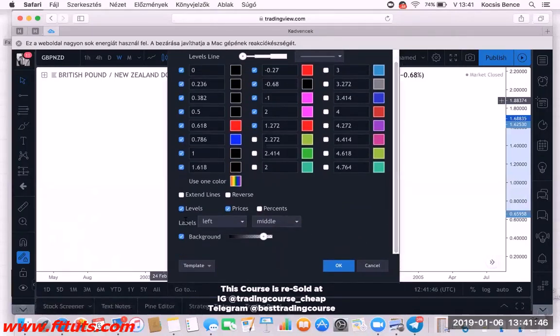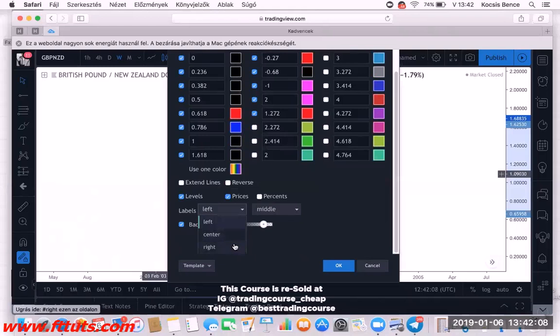We need to change the labels, because when we are using the Fibonacci levels in the future, very important, the left side. So we need to look back in the past, and if the numbers are on the left side, you can find very clearly what happened in the past.